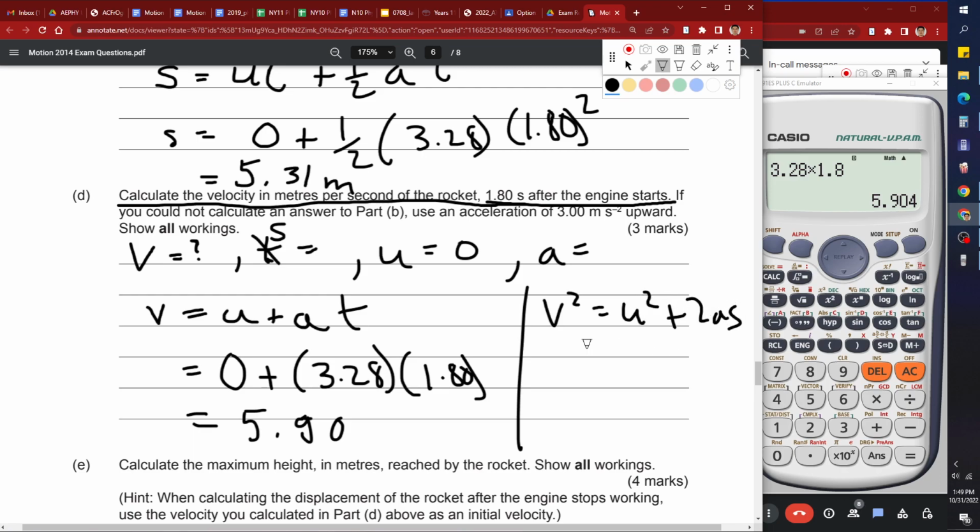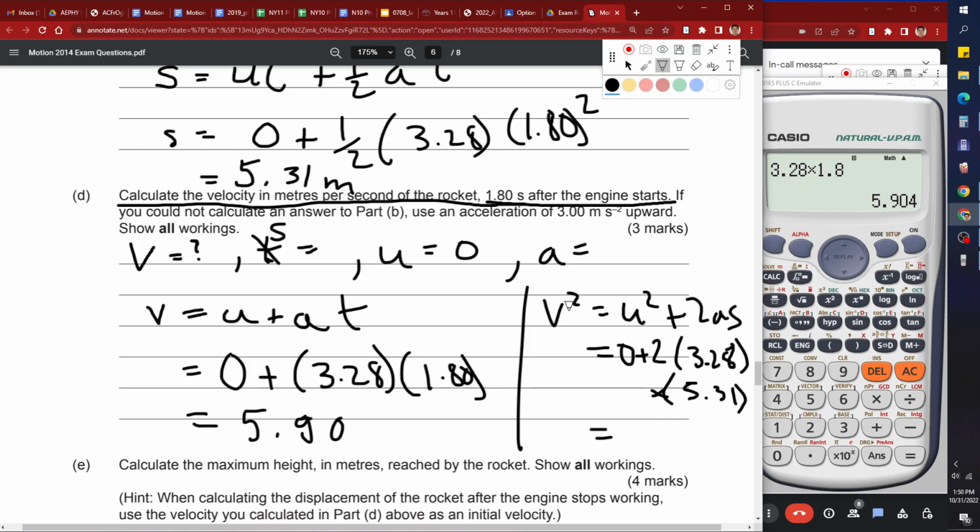And honestly, it's not going to be that much different. And s is going to be 5.31 as well. If I put that in my calculator, I think I'm going to come up with the same answer, right?